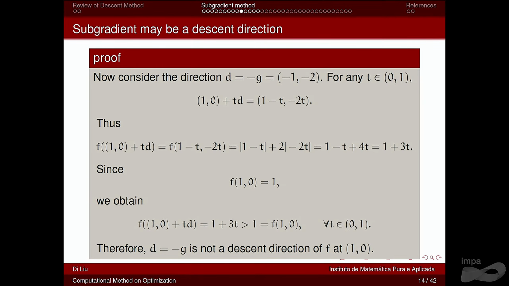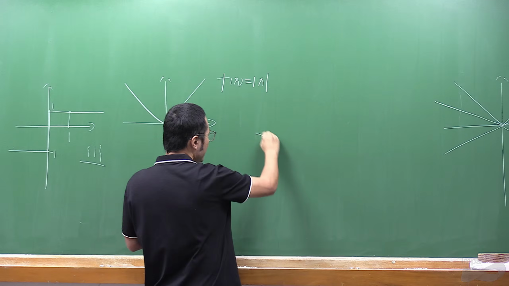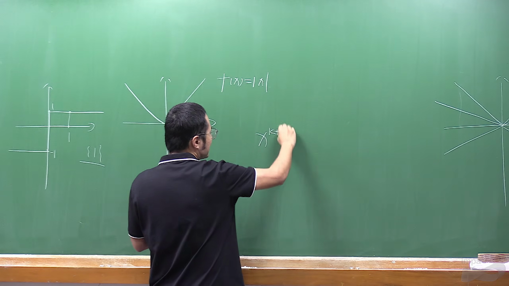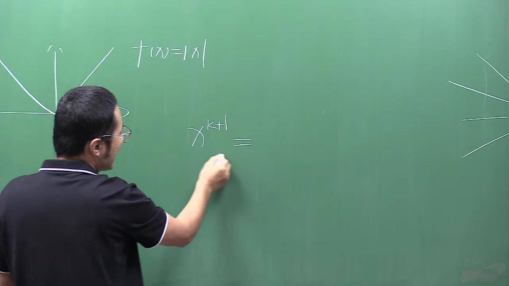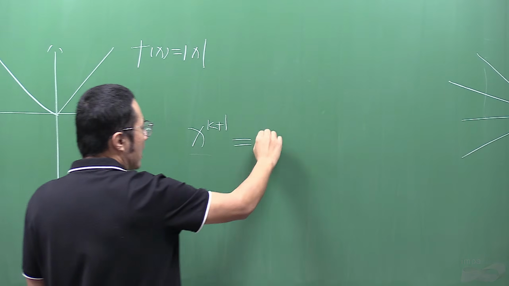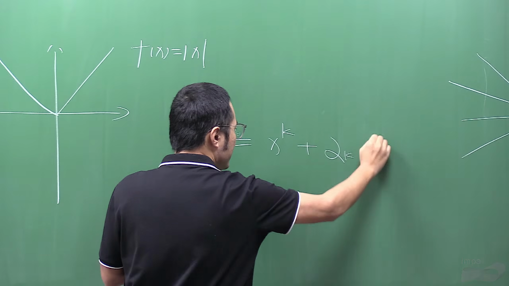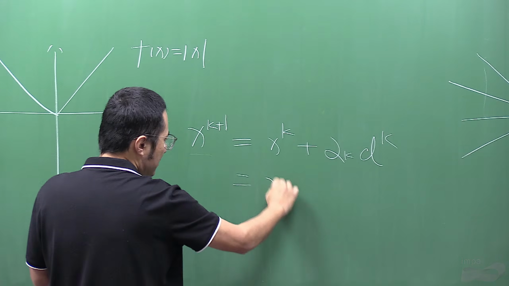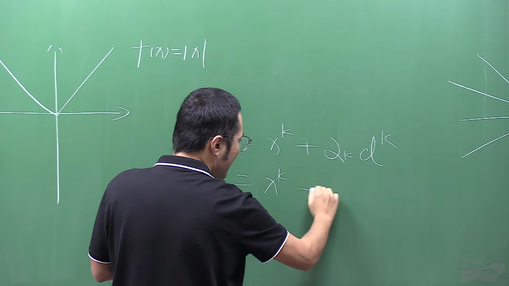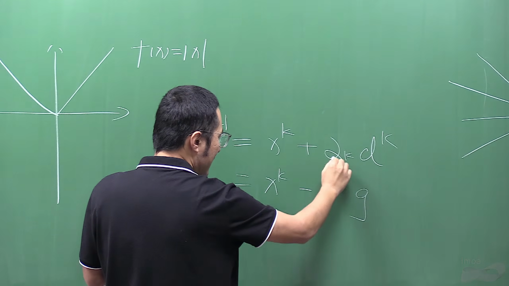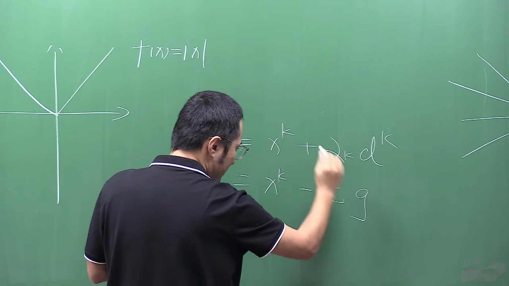Here, we want to check, because we use this line search framework, okay? We get the next point x_{k+1} from x_k plus alpha_k d_k, okay? And here, we choose d_k as the minus subgradient, and the step size is t, okay?